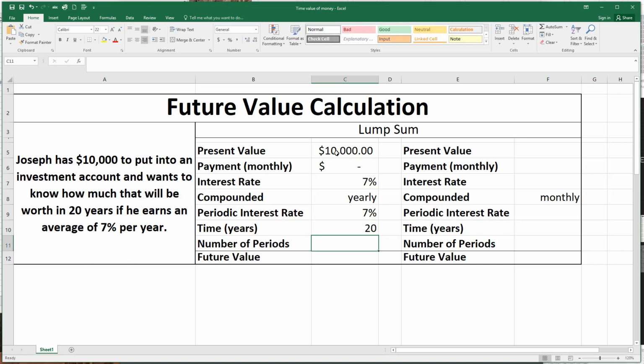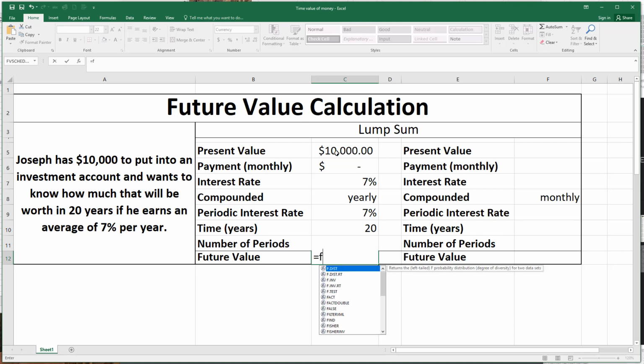The number of compounding periods, again, since it's yearly compounding, I just take the amount of time, I multiply that by the number of periods per year. So again, in this example, since it's yearly, there's 1 period per year, so it'll be 20 times 1, so that just remains 20.